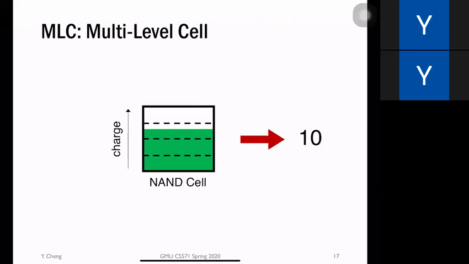And so on and so forth. Above the middle level, it represents 1, 0, which is 2, right? If the charge level is the highest, it represents the 4th state, which is 1, 1, which is 3, okay? So each multi-level cell can be used to represent a total of 4 states instead of only 2 binary states, which is supported by the single-level cell.